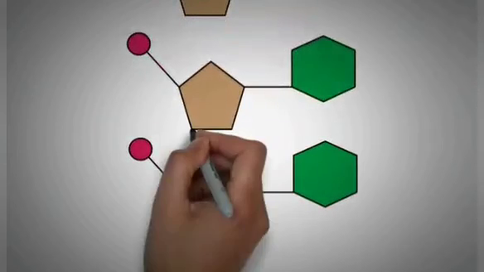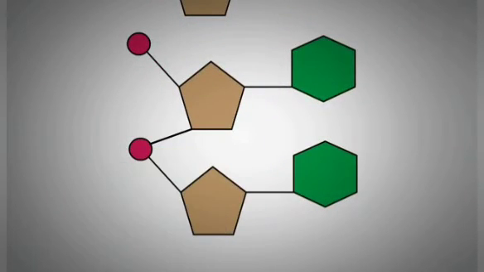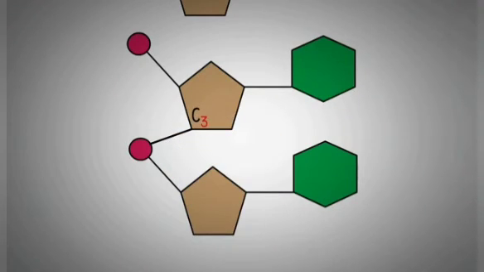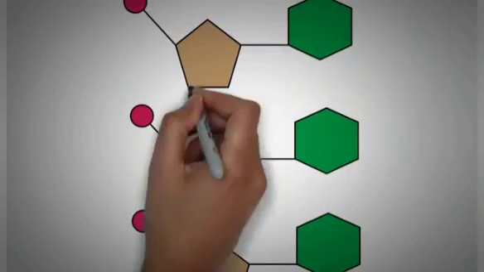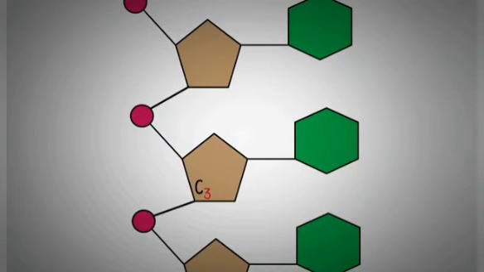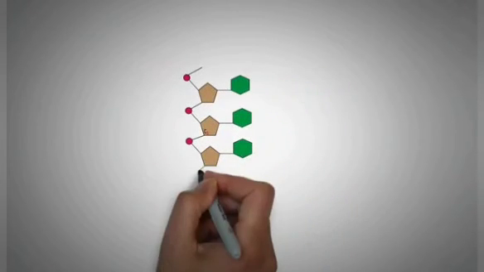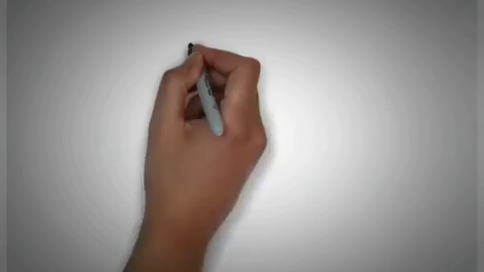So you can see basically what happens is that the phosphate group that attaches to the carbon number 5 of the sugar below also forms a bond with the carbon number 3 of the sugar above, and this pattern is repeated again and again. So you can see that the phosphate groups form bonds both above and below the chain of these nucleotides.